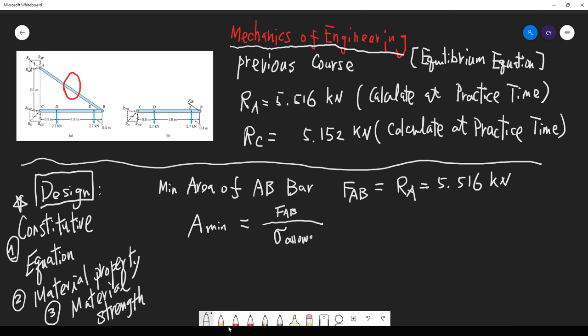Because according to the equilibrium equation, force divided by stress is equal to the area. So we can directly write 5.16 divided by the allowable stress, which they already give us, 125 megapascal.